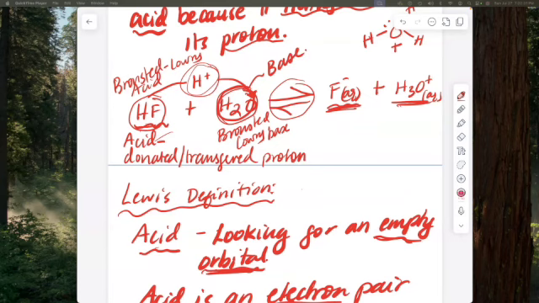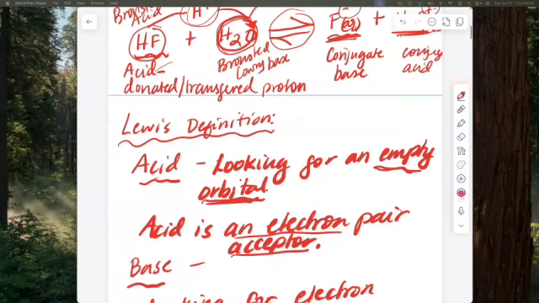The negative ion, the remaining ion that was formed when the acid gave up its hydrogen, is called a conjugate base. It's a base because it's more negative compared to the original acid. And this one here is called the conjugate acid. And this is more positive compared to the original compound, right?